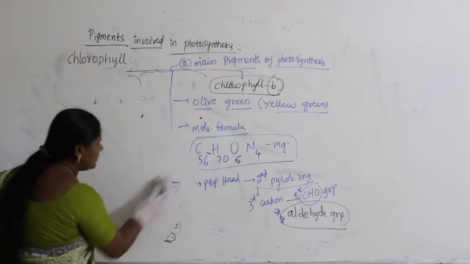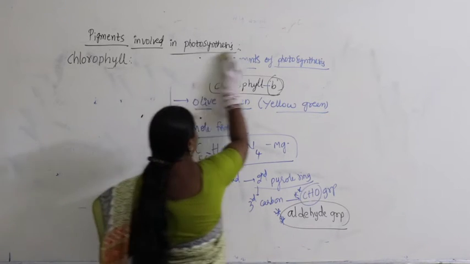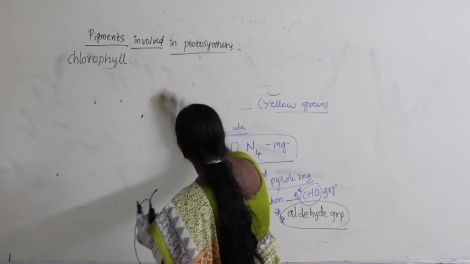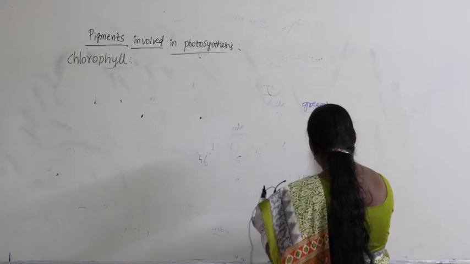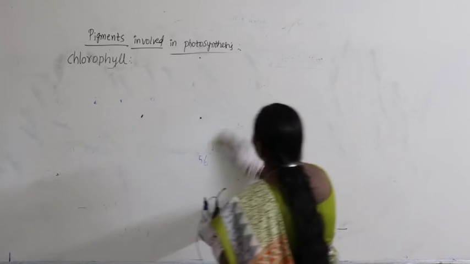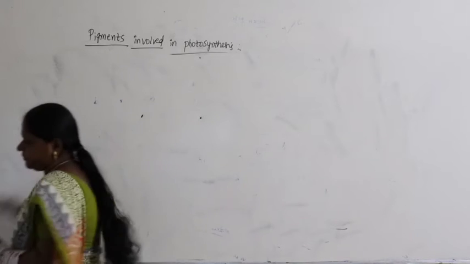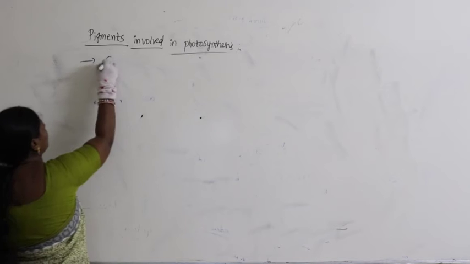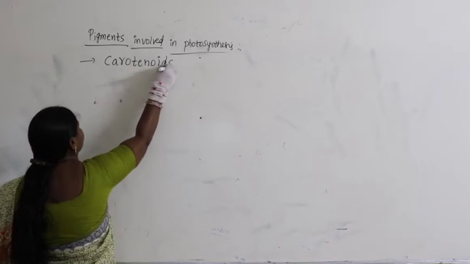Now, chlorophyll is also associated with other pigments. What are the other pigments which are present along with the chlorophyll? They are called carotenoids.